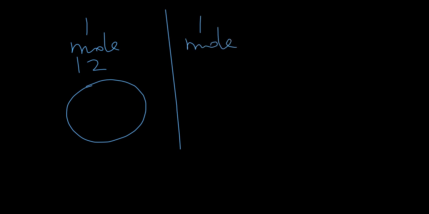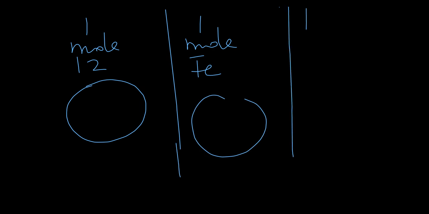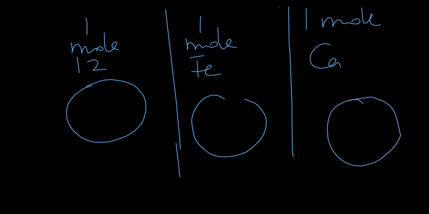So here, let's take a substance like 1 mole of iron. Let's take another substance, 1 mole of calcium. Now, the quantity of substance, or the particles, in 1 mole of each of these substances is the same.